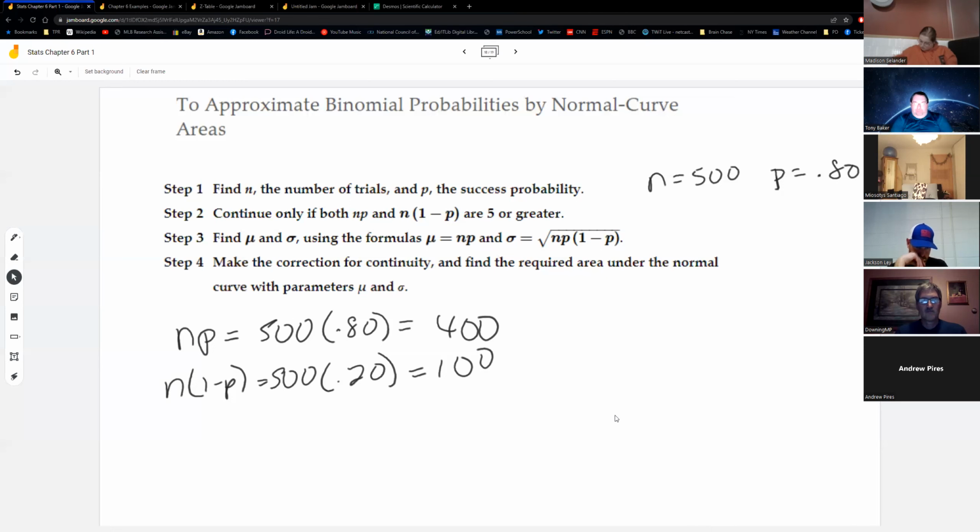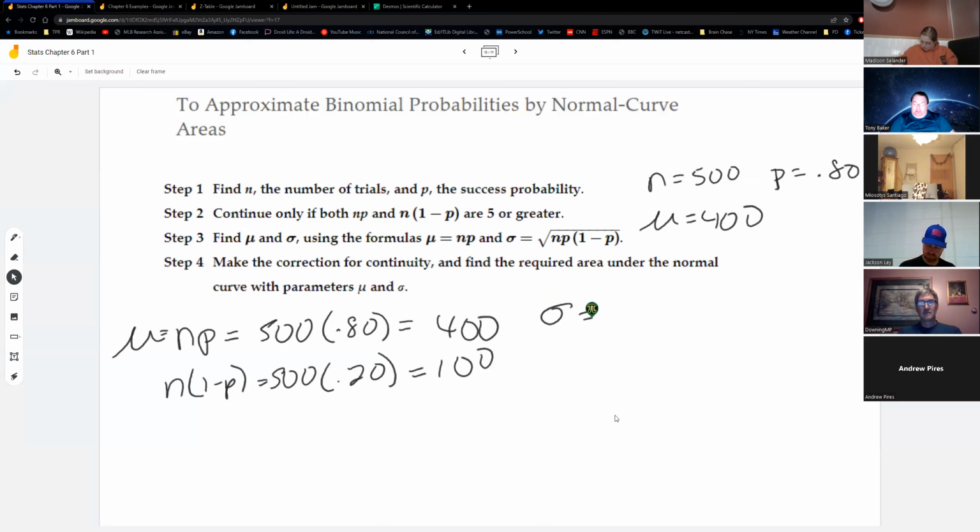So now we can do the next step. We can find our mean and our standard deviation, because remember, we need those two pieces of information to find my standard curve and to do my z-score and all those other things. The nice thing is you just found your mean in step 2, so I know my mean is 400.